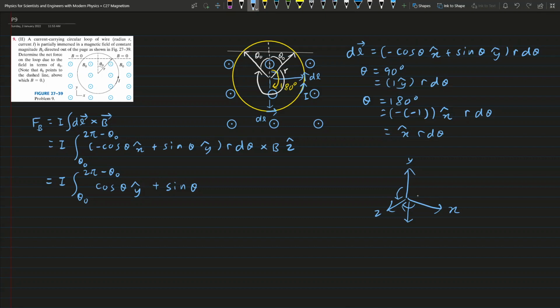You can see the direction is going toward positive x, so this is just x, and we have this B. Here this B is given by B naught and R d theta. So we take all the constants out.